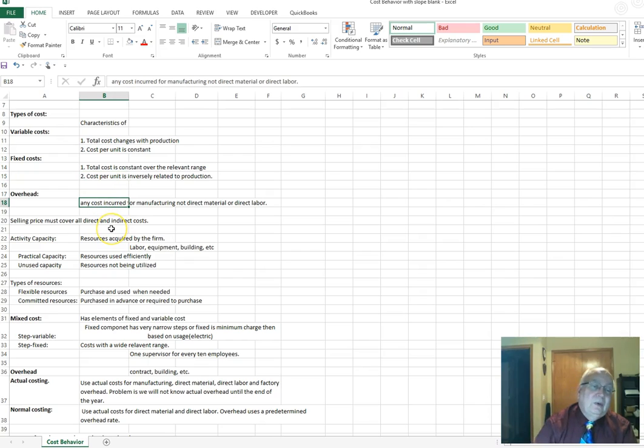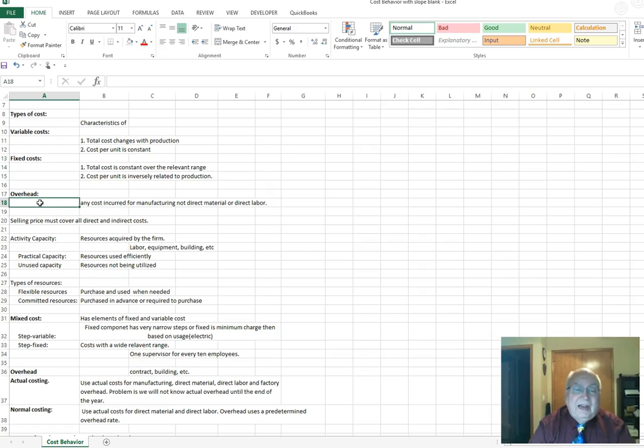And then overhead is what we're going to be talking about in this chapter. Overhead is any costs incurred for manufacturing, not direct materials or direct labor. Direct materials and direct labor are basically considered direct costs. Overhead is everything else, but it has to be related to manufacturing.